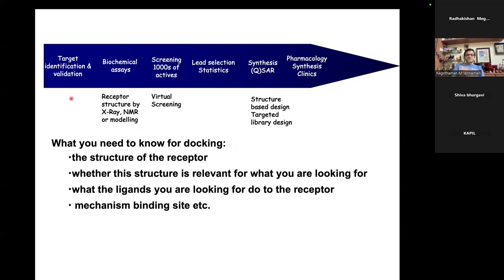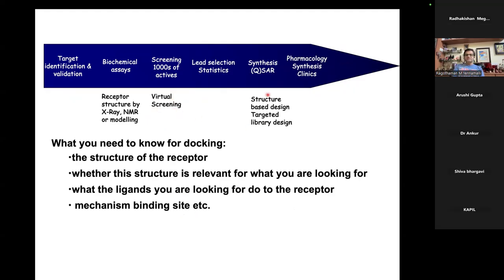So this is the entire drug discovery pipeline from target identification and validation to pharmacology, synthesis and clinical trials. In between, you have virtual screening and structure-based design, which is where molecular docking comes into play.